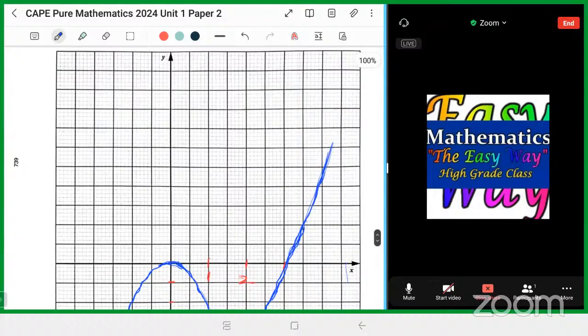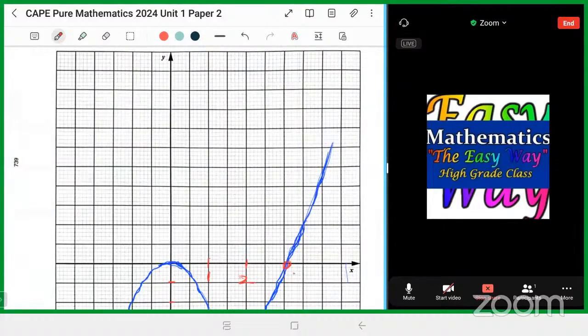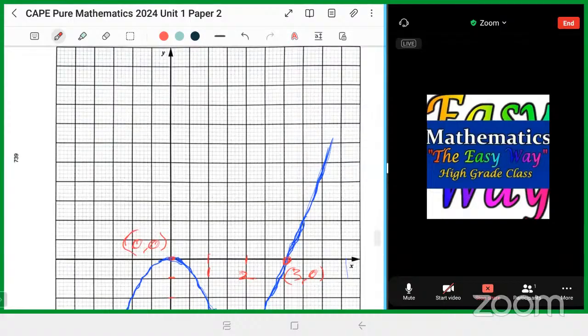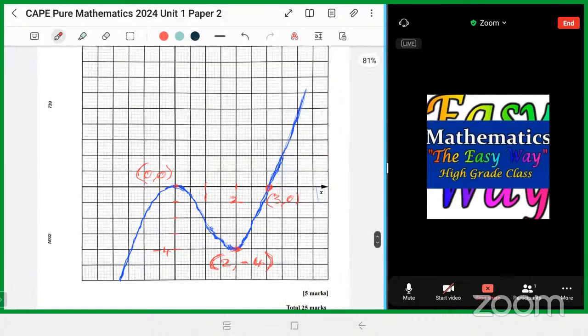Same here for 3. And it is 3, 0. One intercept. The 0, 0 is a maximum turning point. Maximum turning point 0, 0. Minimum 2, negative 4. Minimum turning point 2, negative 4. Minimum turning point. That is a sketch.